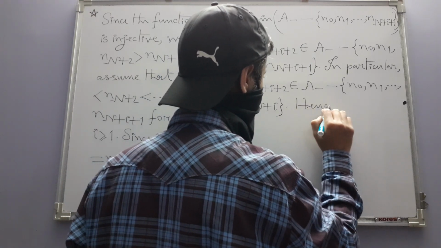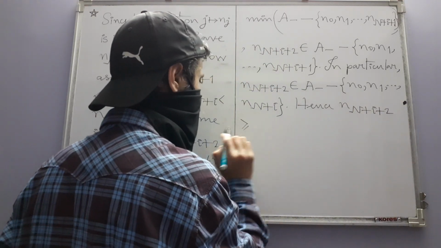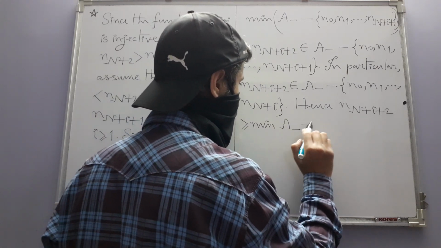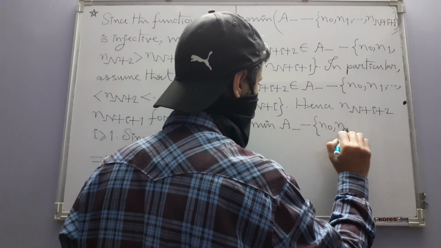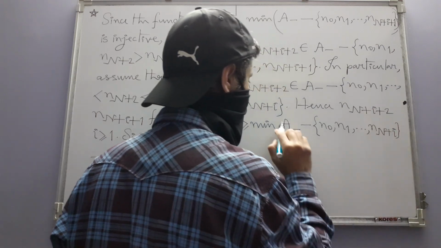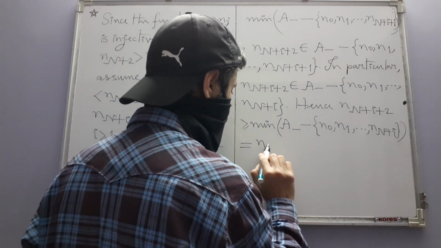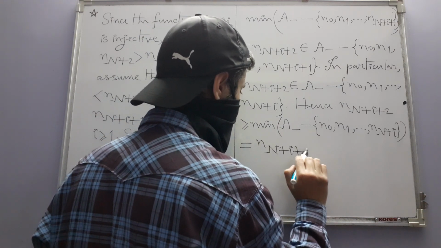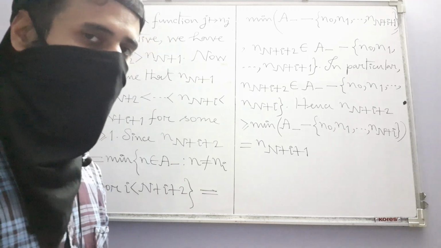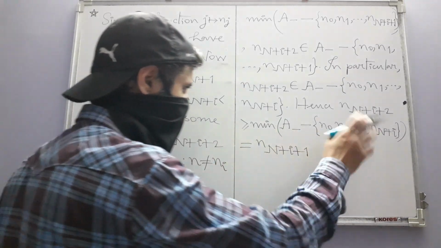Hence, n plus I plus 2 is greater than or equal to the minimum of this set n plus I, and that is equal to n plus I plus 1. That again we know that n plus I plus 1 will fall under case 2, and that's why this is the minimum of this set.